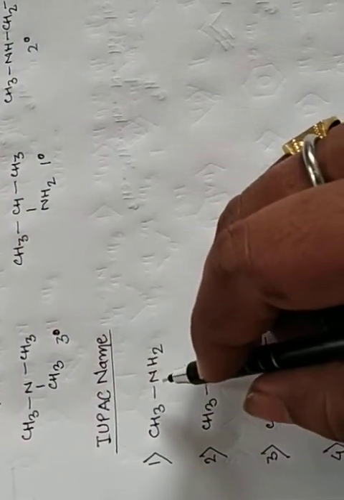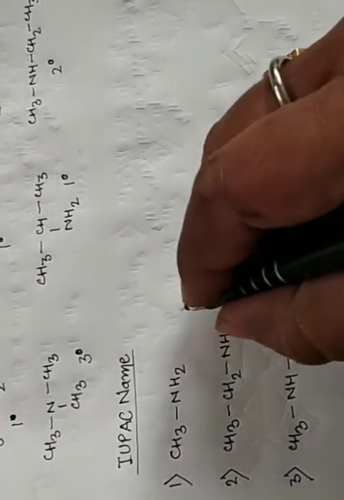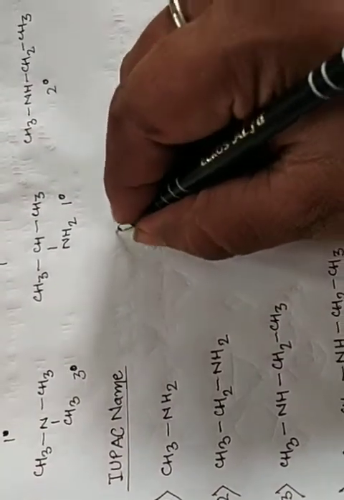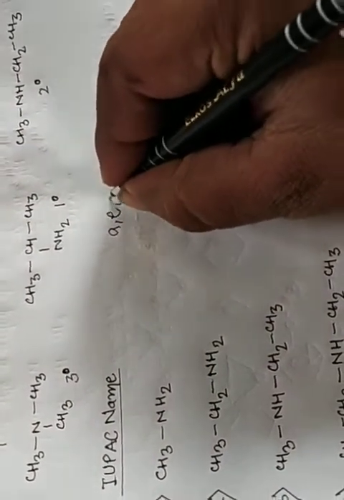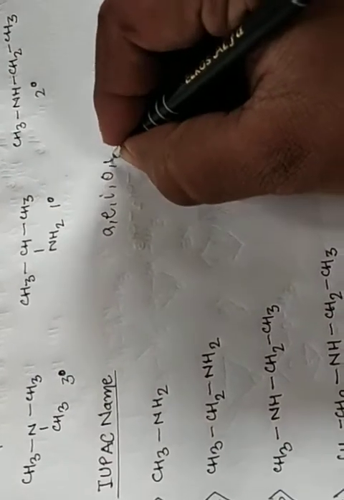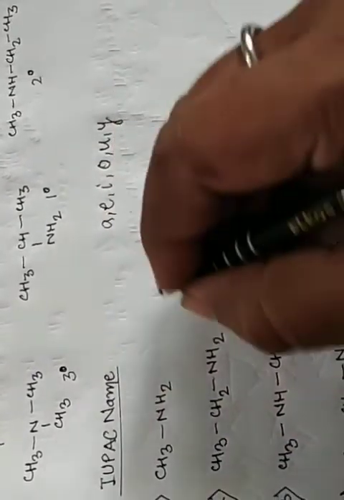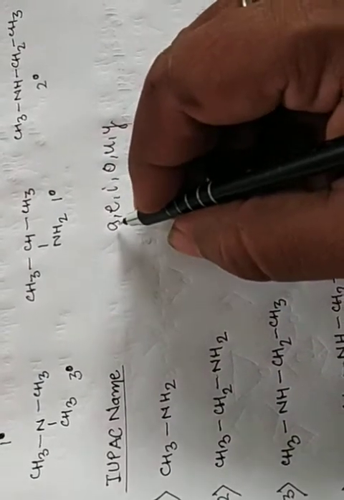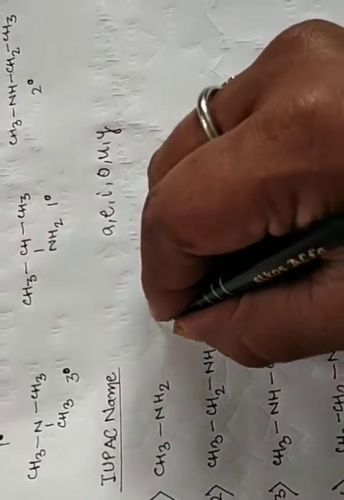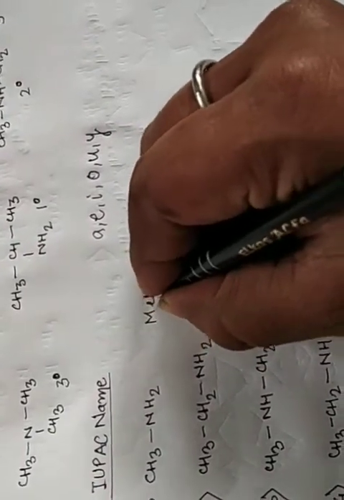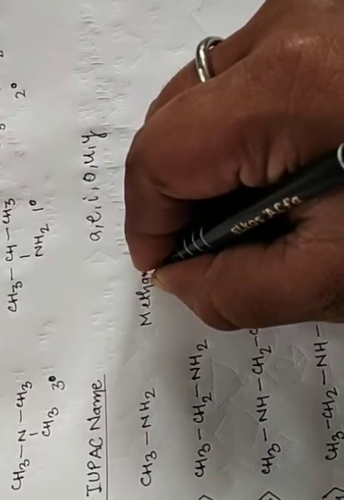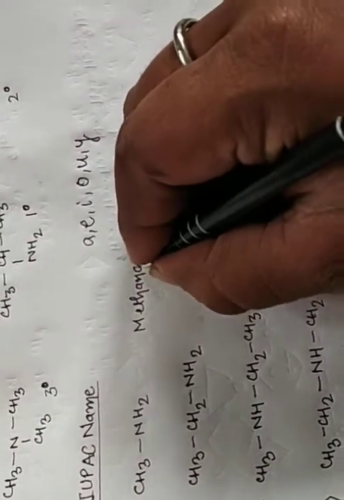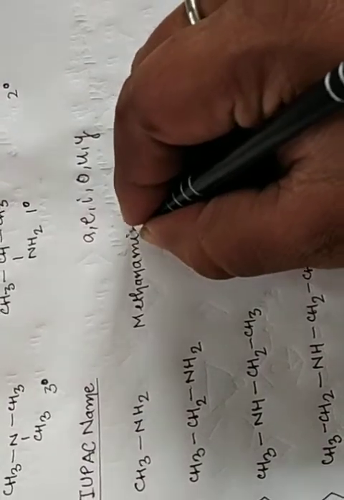For the IUPAC name, the suffix is amine. Now if one carbon is there, it means methane, and the E is replaced by amine, because the E is dropped before vowels A, E, I, O, U and Y. So the spelling of methane is M-E-T-H-A-N-E, and E is replaced, giving methanamine.